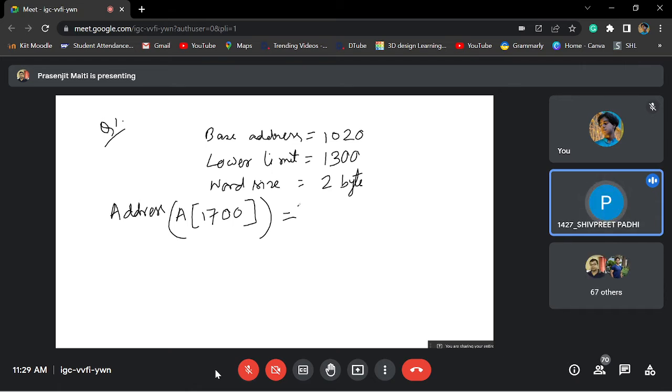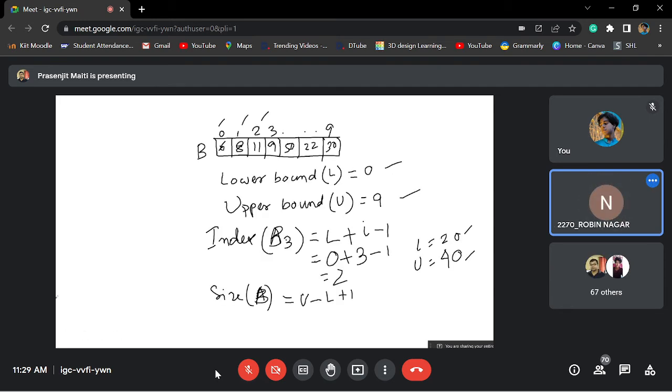What is the lower limit? 1300. Here you can see the lower bound or lower limit, same name.